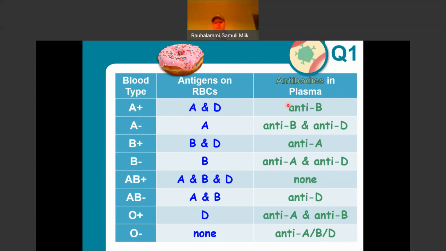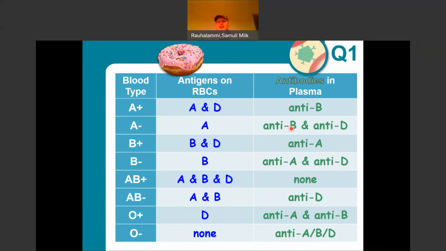So therefore, your plasma will carry antibodies for anti-B, and if there's any red blood cell that carries B antigens on its surface, we know that that's an invader and there needs to be an agglutination reaction against them. Same logic can be used to work out the blood type A negative. So there's only going to be A antigens because negativity meant that there were no D antigens.